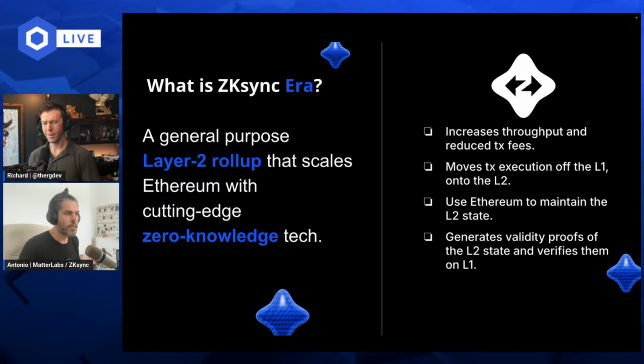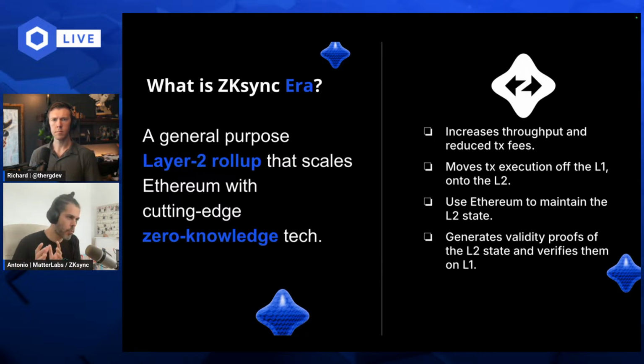I mean, ZKsync Era was the first ZK EVM, and it was released in 2023. And how it works is we execute all these transactions on the layer 2, and we generate a proof that the new state, after executing these transactions, like I transfer you some ETH and you deploy some contracts, that generates a new state of the blockchain.